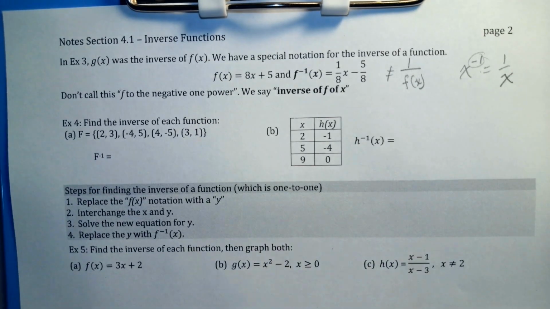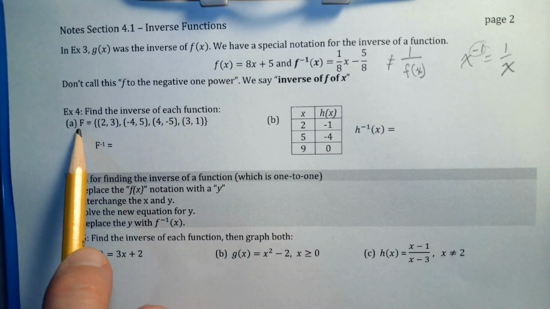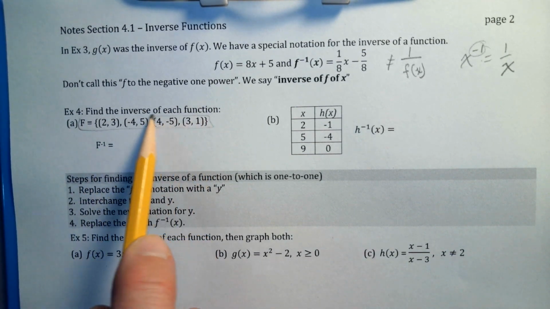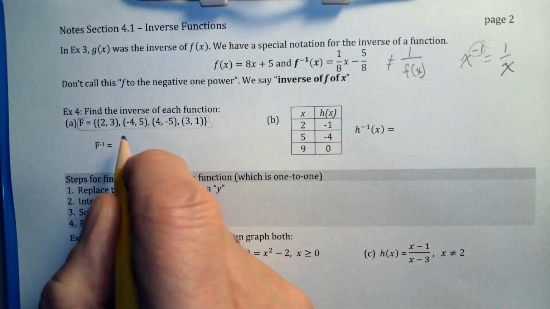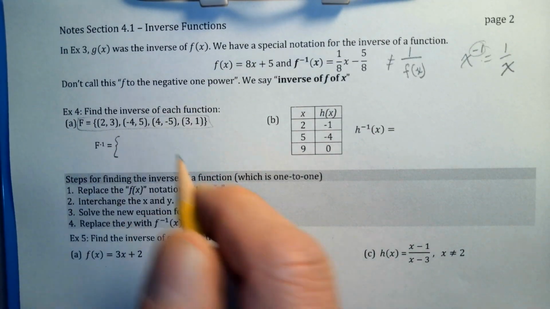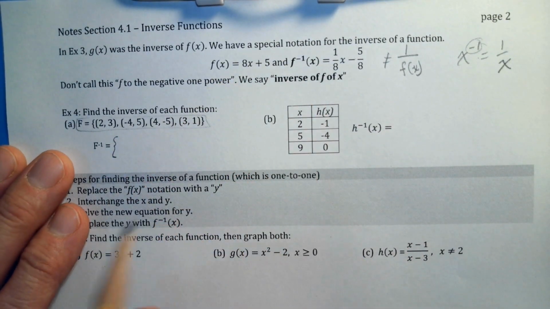Okay, so find the inverse for number 4. Find the inverse of f of x. They give us a function here. Find its inverse. Remember, when we saw this on the other page, we turned the x's into the y's and the y's into the x's.